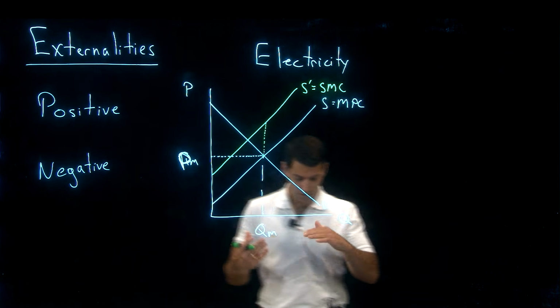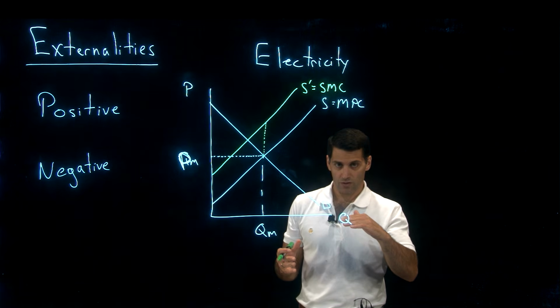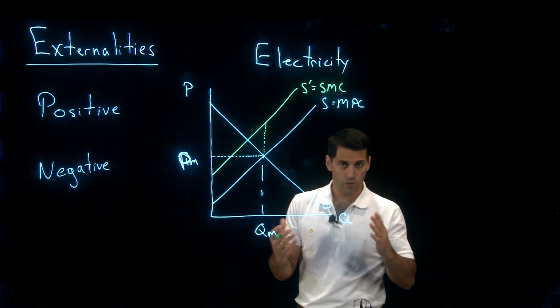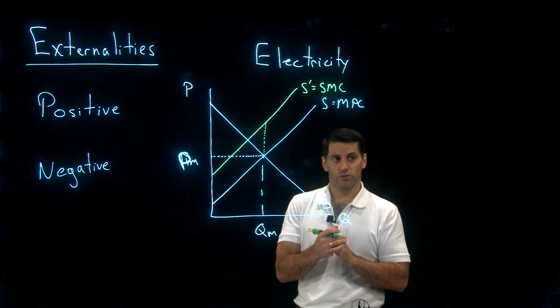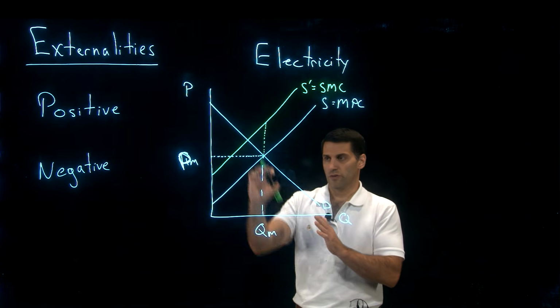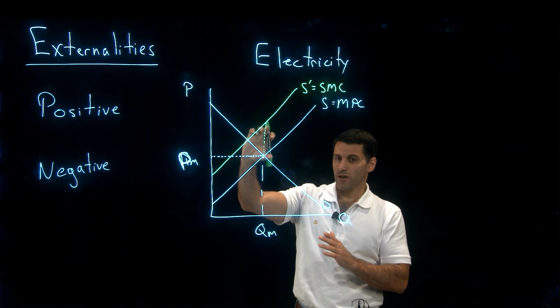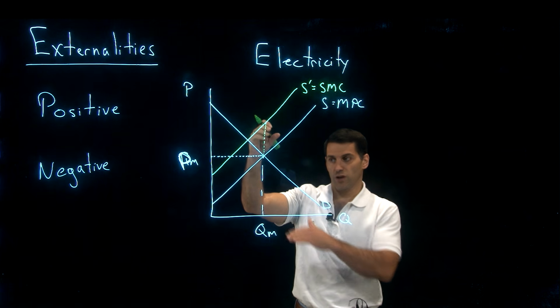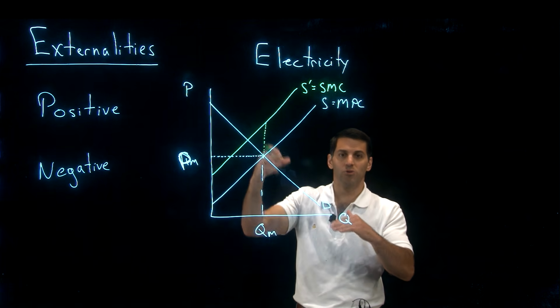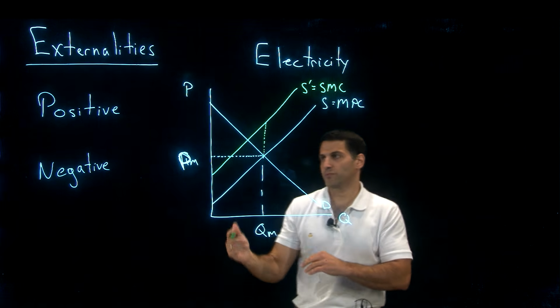And notice here, this is the market for electricity, so it may be, say, kilowatt hours or whatever the unit of measurement is that we're using. So this here is the externality in terms of the pollution that we're creating per kilowatt hour of electricity generated.